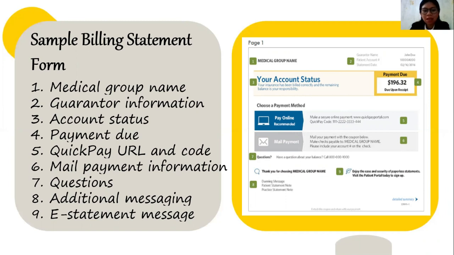Sixth, mail payment information, so you can mail your payment to the hospital. Seventh, the questions. Eighth, additional message. And E, statement message. It is for the e-billing, so it is used as an e-billing form.